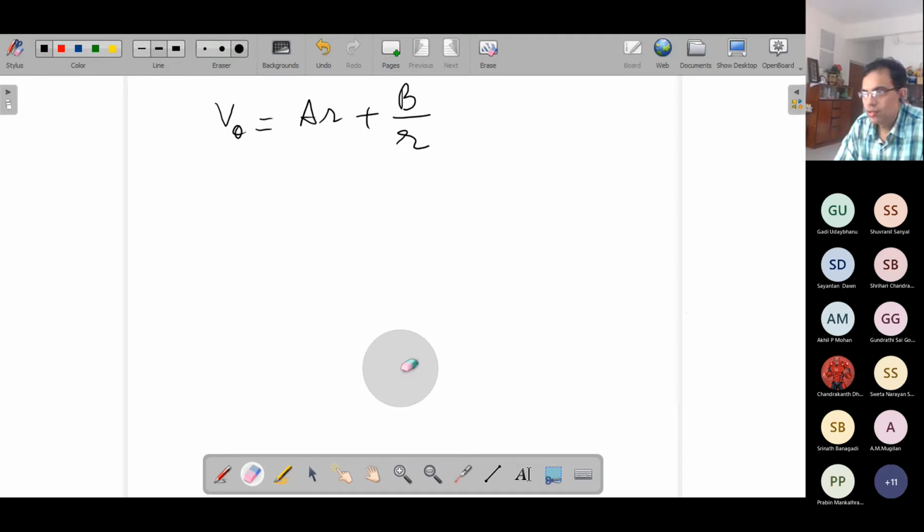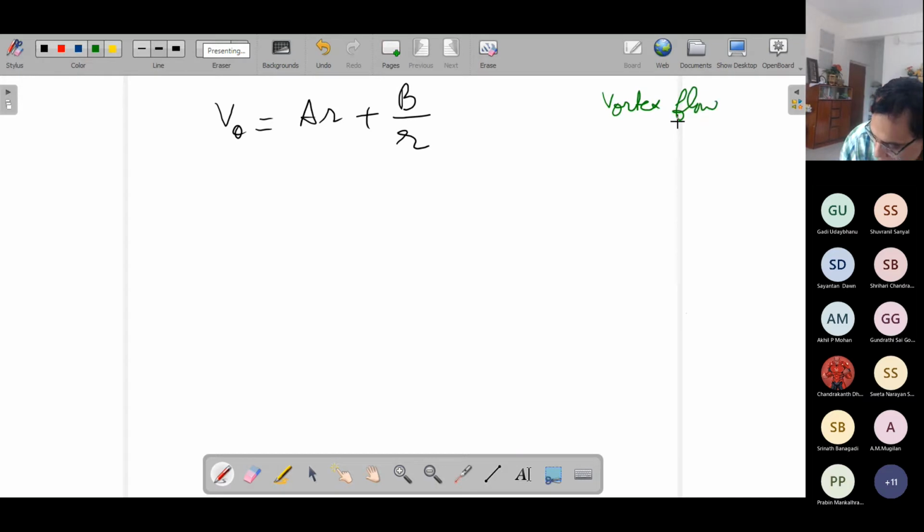Now recall, this is how you can connect between various topics that are being covered in some course or related courses. Recall something which we have covered earlier, vortex flow. We had this in the context of kinematics.